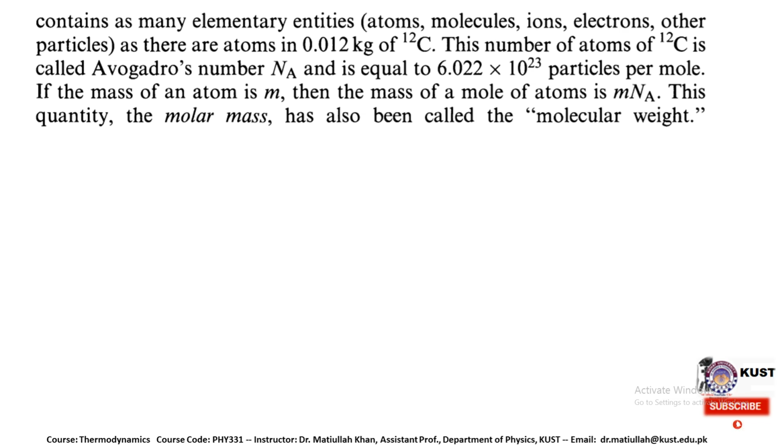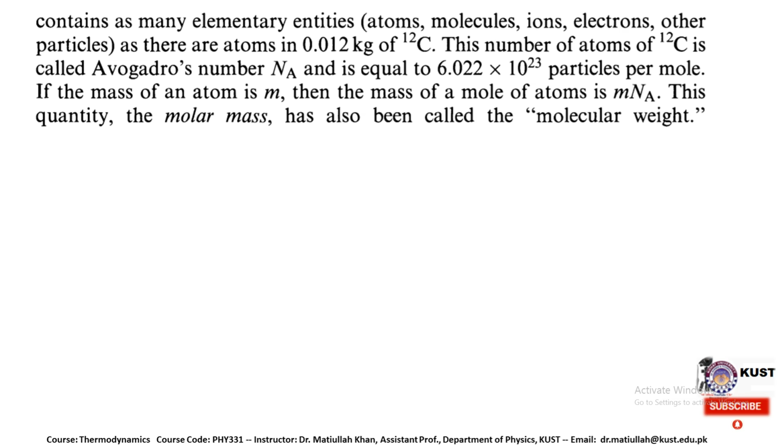This number of atoms of carbon 12 is called the Avogadro number, represented by Na, and its magnitude is equal to 6.022 multiplied by 10 to the power 23 particles per mole. So we have this amount of particles per mole.